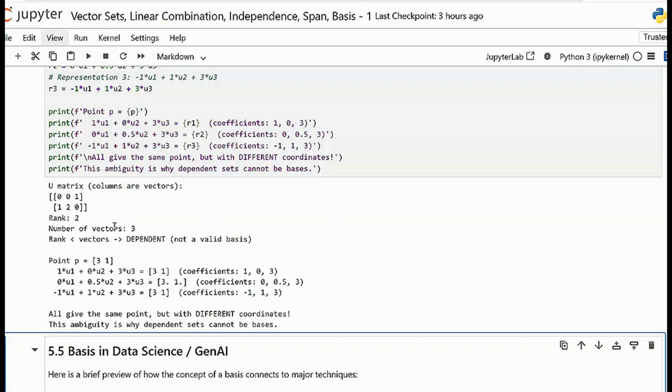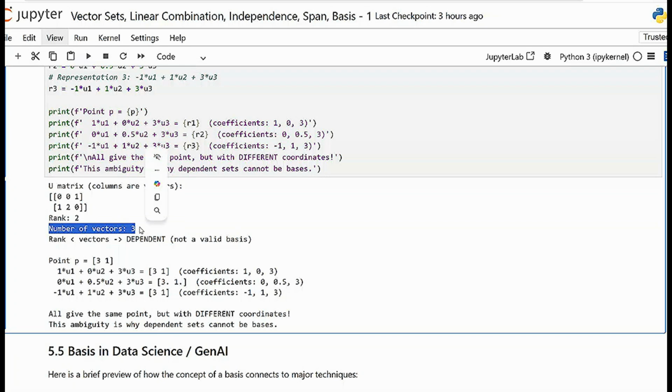So this ambiguity is why dependent sets cannot be bases. The matrix formed from u has rank 2, but the coordinate vectors are 3. So confirming dependency, the critical consequence is that point P, equal to 3 comma 1 transpose, can be described by multiple different coordinate triples.